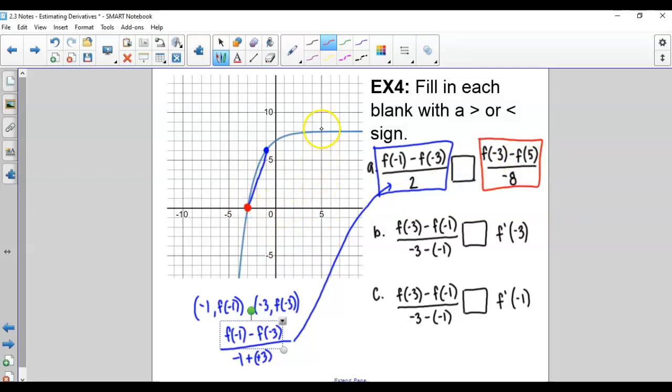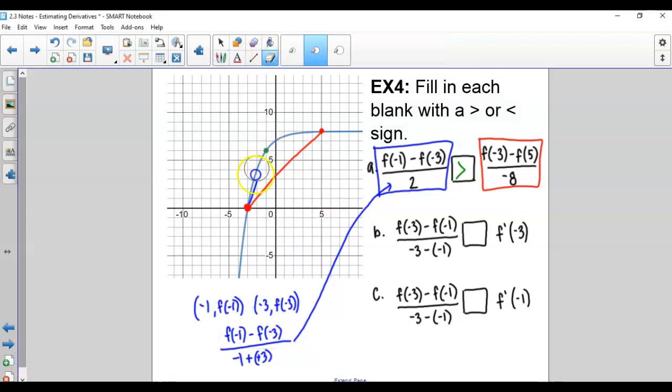At f of 5, I'm up here. I'm not even going to try to figure out what numbers I have here, I'm just going to draw this in. The steeper a line is, the higher its slope is going to be. So for this particular problem, this blue line is steeper than this red line, so I would have a greater than sign.